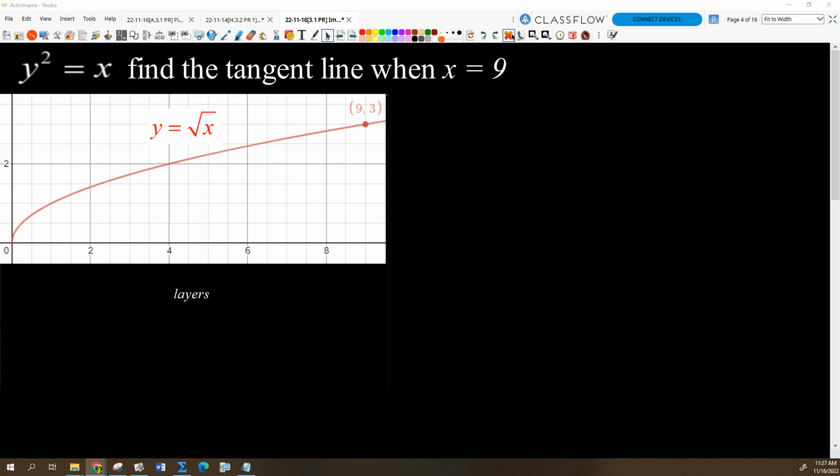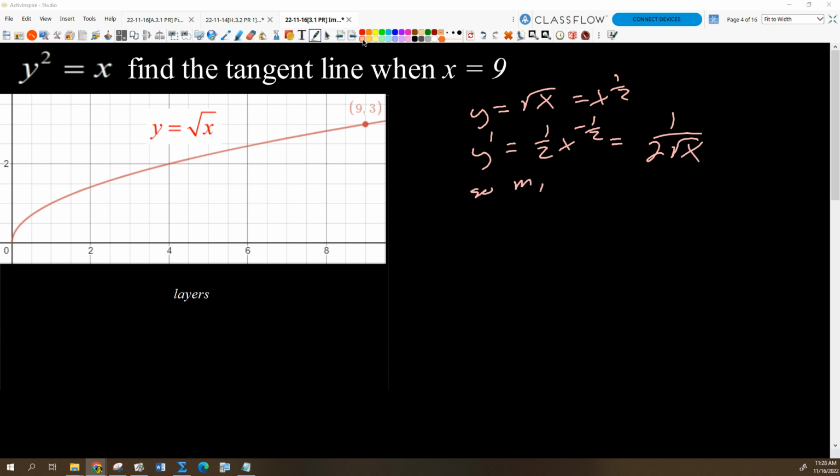I've got my new function y equals the square root of x, which is just x to the 1/2. So what's y prime equal to? 1/2 x to the negative 1/2, which is the same as 1 over 2 times the square root of x.